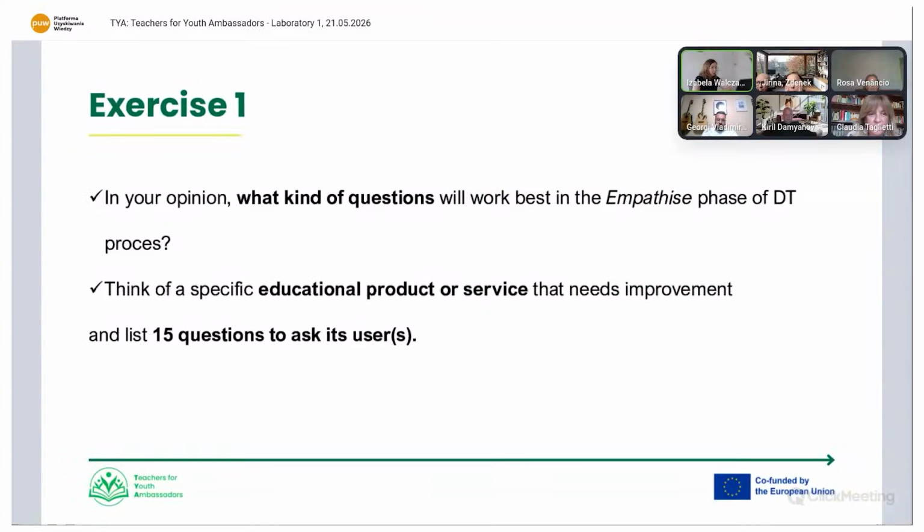The first exercise that we will do will be about empathizing and about asking questions. We will find the types of questions that will, in your opinion, work best for this stage. And we'll try to come up with a list of questions to ask the user for some product related to education.